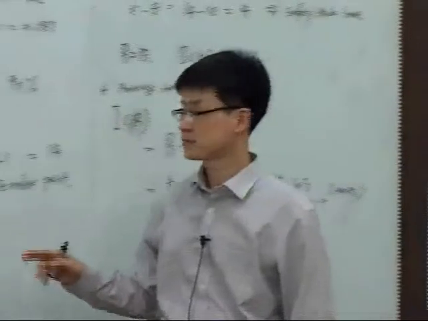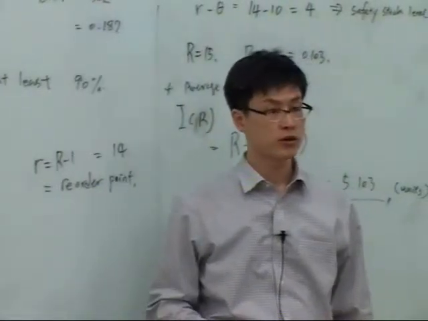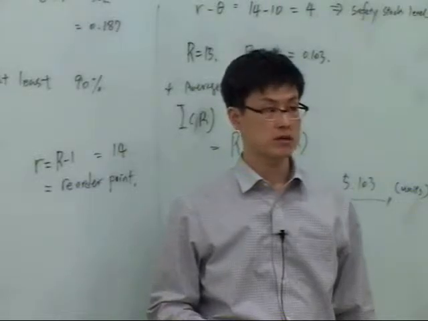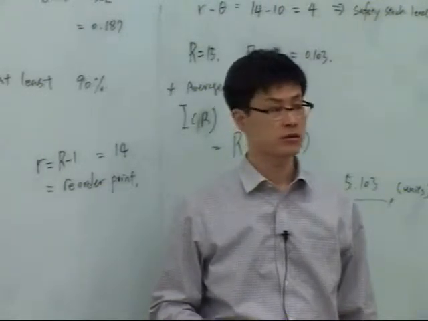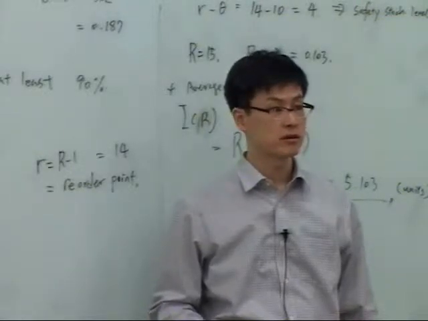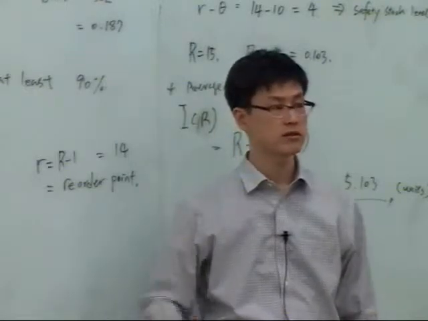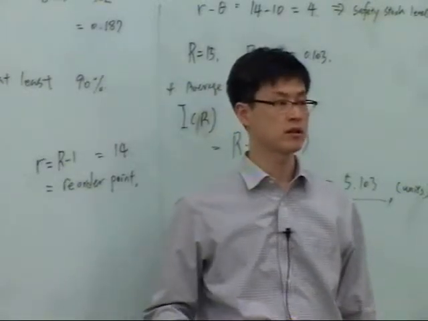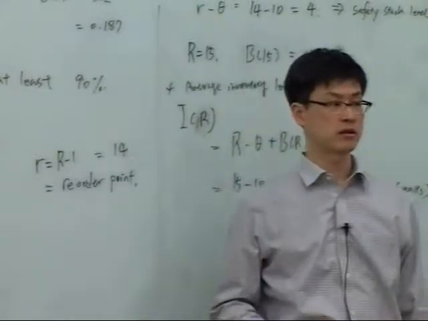Think of that. You have 14, but you know your mean demand is 10. So in common sense, you're good, right? Average demand during the lead time is 10, but you have 14. Why bother to reorder?